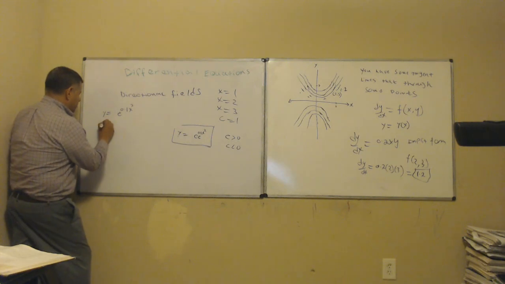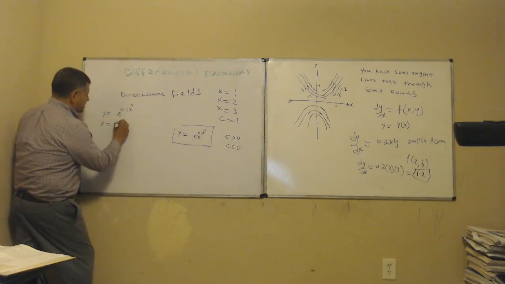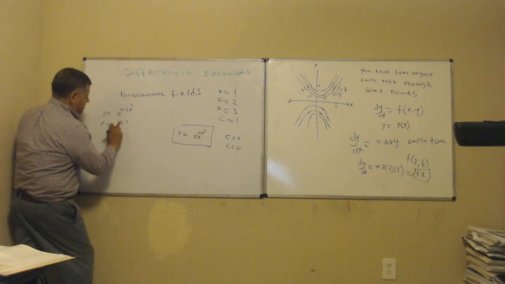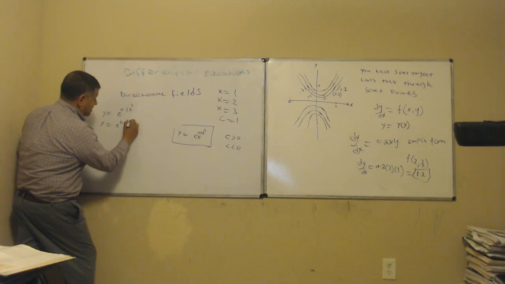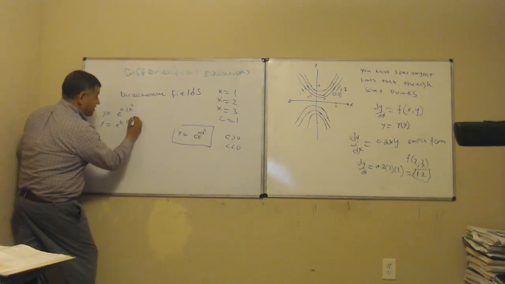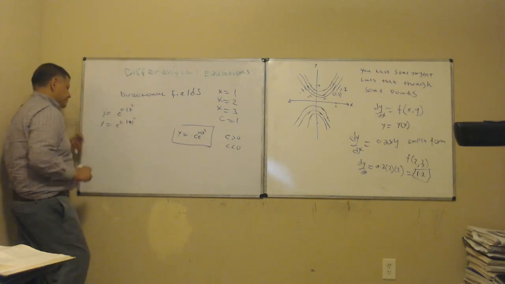Now, first value, y is equal to e to the point 2 times the first value of x, multiplied by 1 squared.